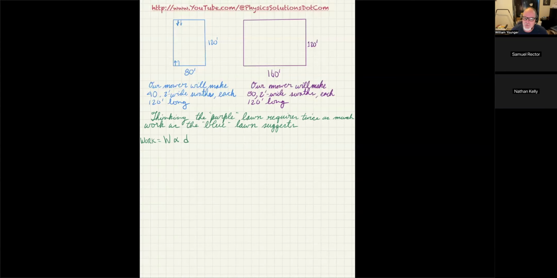Another thing you might consider is, what if we mowed the blue lawn with one mower, and then we mowed the blue lawn with another mower, but the mowers were different.